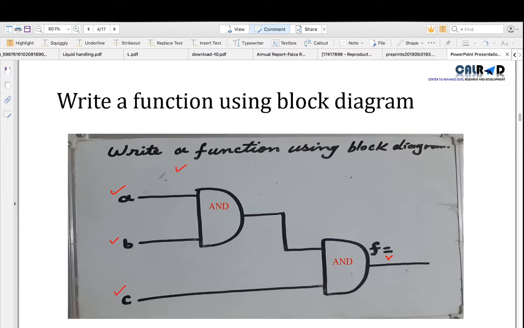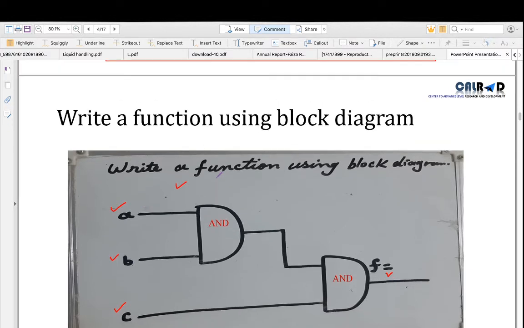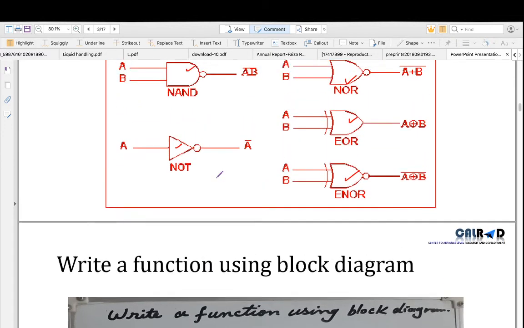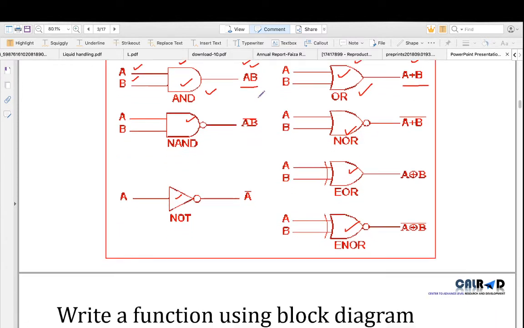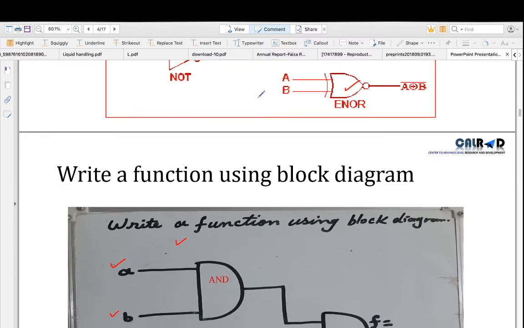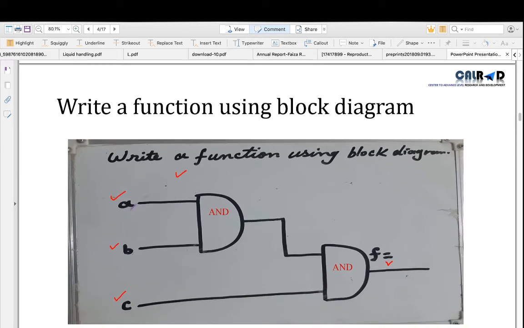So let's start solving this. What is the purpose of an AND gate? Previously we saw that an AND gate means the product of both inputs. So what are the two inputs? The first input is A and the second input is B, and this is an AND gate.